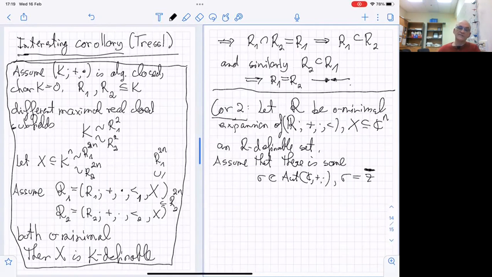In particular, it doesn't keep R fixed, such that it leaves X invariant, sigma of X equal to X. Then X is complex constructible.